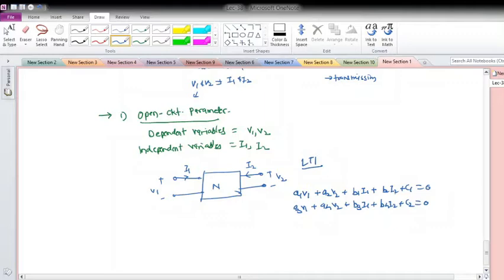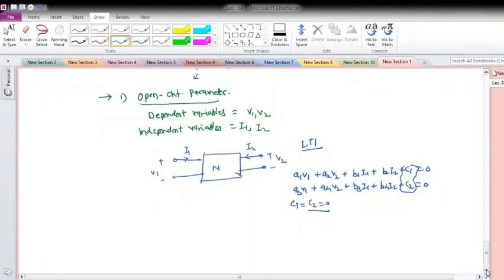Now C1 and C2 come because of the independent sources in the network, and we already said that we have assumed we don't know them, and they are not required for a particular application. If we don't have any information, we will assume that C1 and C2 are 0.